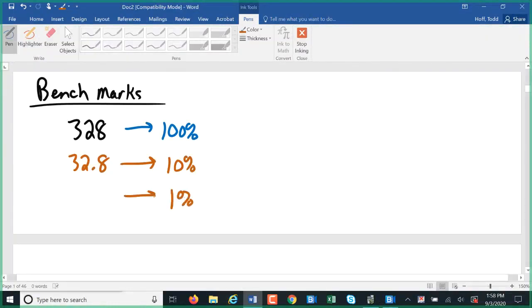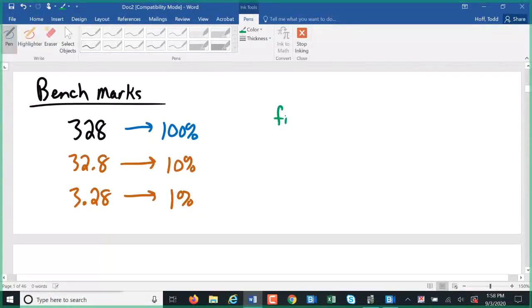1% is just as simple. It's 1 out of 100, or 100th. So we could find that by moving the decimal point 2 spots. That becomes 3.28. Well, we can use those benchmarks when making calculations.